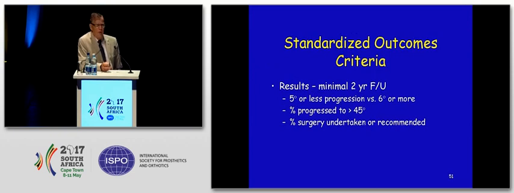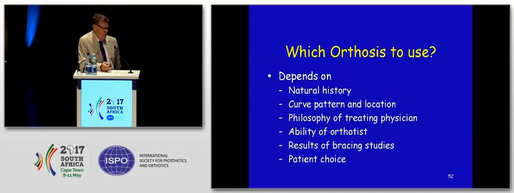Your studies must have standardized outcomes, a minimum of 2 years follow-up, with 5 degrees or less of progression, and you need to record the number that progressed more than 45 degrees. And of course, the percent taken to surgery.